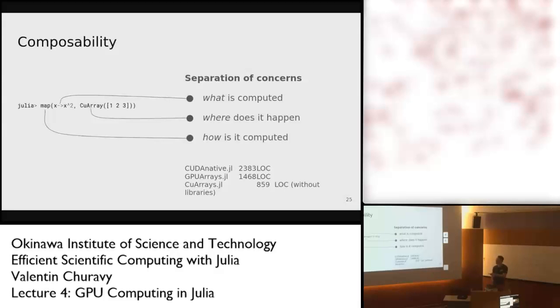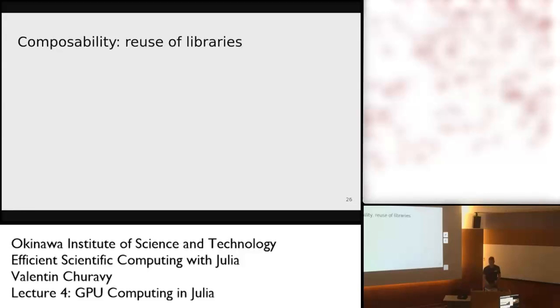This is actually shared between potentially different GPU implementations. So CLArrays uses it, and if you're going to add something for AMD or Intel, it's also going to reuse the infrastructure there. And then CuArrays itself, without all the libraries, is just like 900 lines of code. It's very small.